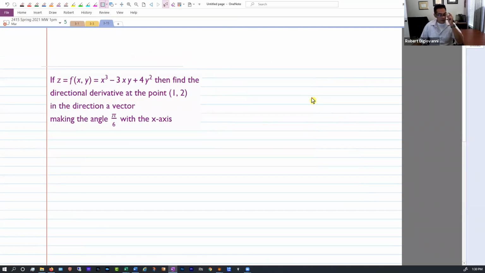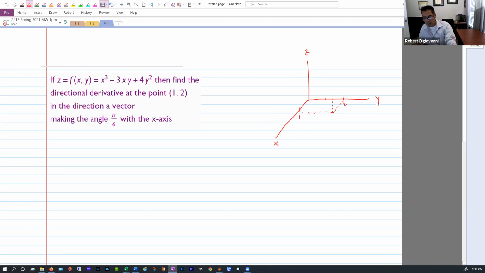Okay, so let's say we have this function of x and y, x cubed minus 3xy plus 4y squared. Then let's find the directional derivative at the point 1, 2. Right, so what we're saying is, we know that this is three-dimensional, and we're going to go to the point 1 on the x-axis, and we're going to go to the point 2 on the y-axis, some point here on the ground.